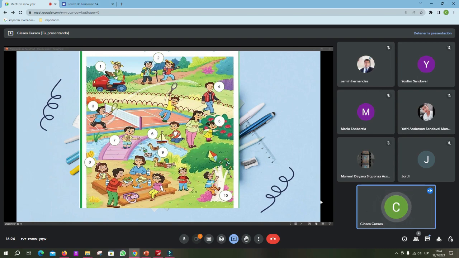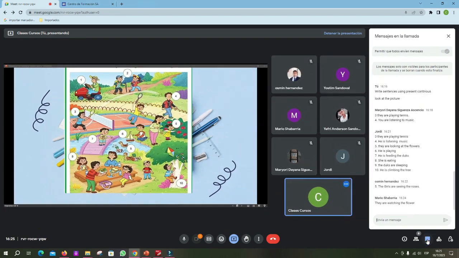Remember, you're going to use watch when you watch a movie or something in movement, right? And in that case, you're going to use watch. So I guess it sounds better if you use look at. So in this case, she's looking at the flowers, or they are looking at the flowers, right?